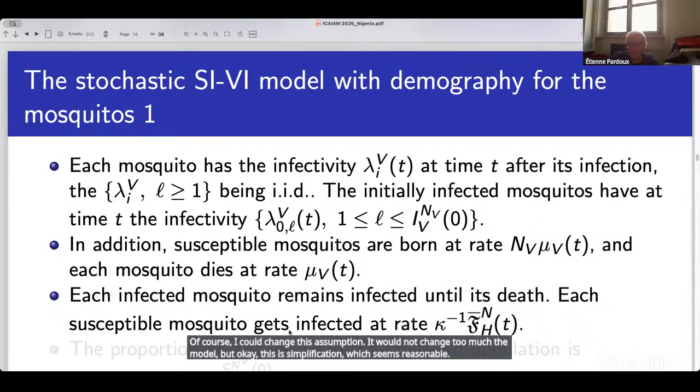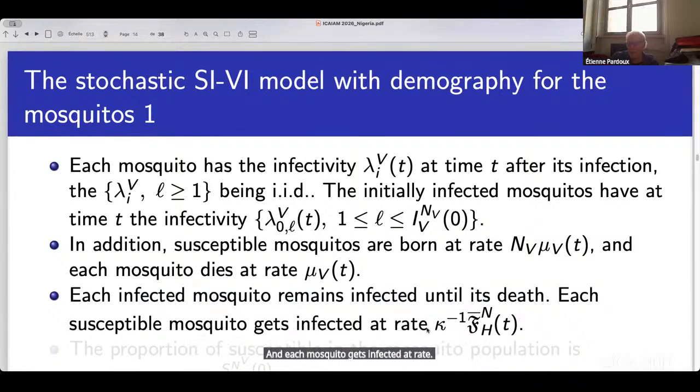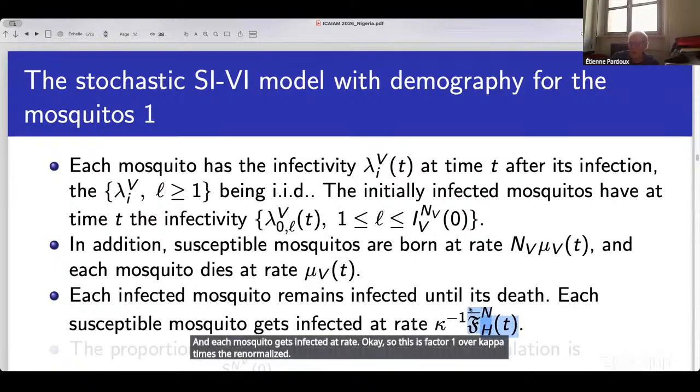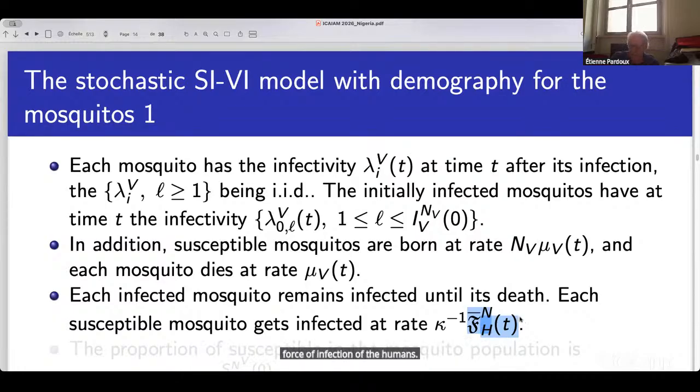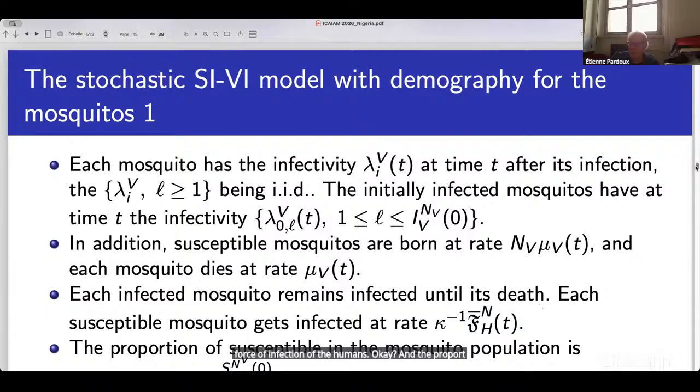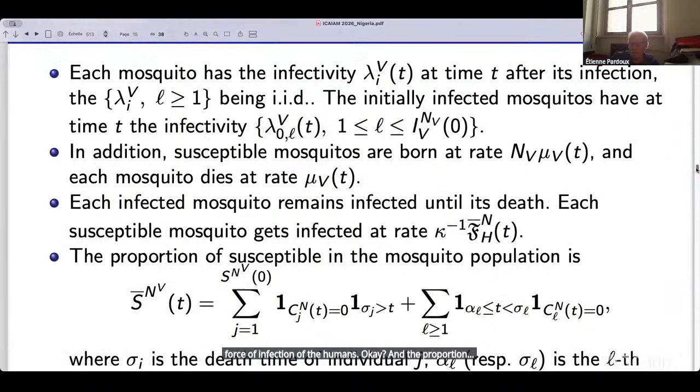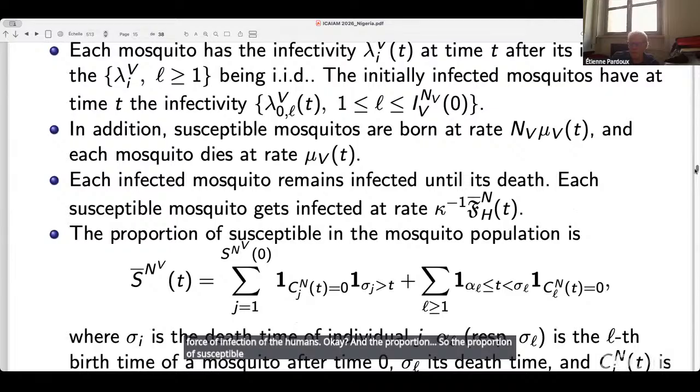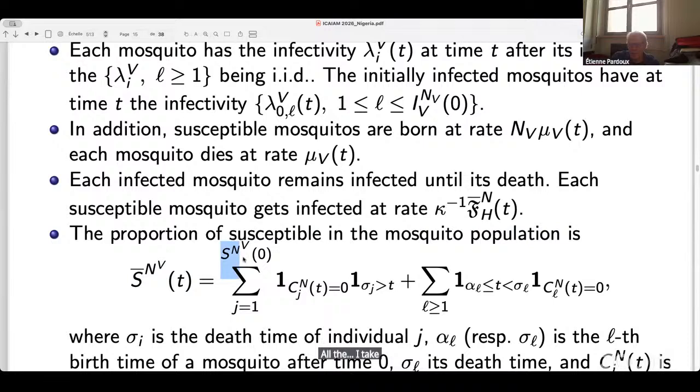Each mosquito gets infected at a rate given by the resistance factor 1 over kappa times the renormalized force of infection of the humans. The proportion of susceptible individuals in the mosquito population is given like this. I first take all the initially susceptible individuals in the mosquito population.